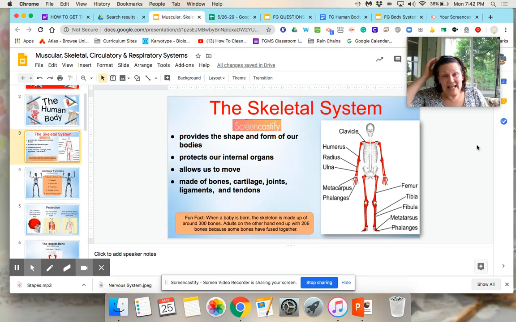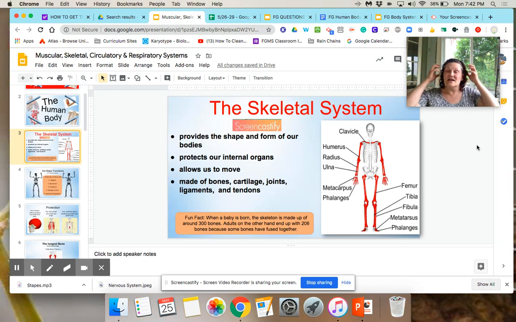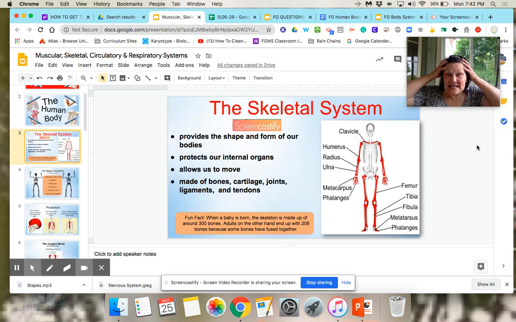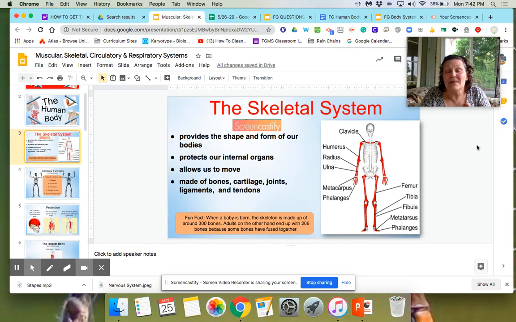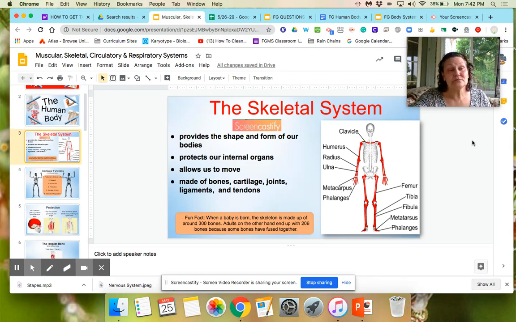If you look really closely, sometimes you can see the baby's heart beating at the top of its head, because the bones in its head haven't fused together yet. It makes it easier when the mom is giving birth if the baby's head isn't one big solid mass. If it can be a little bit pliable when it's moving down the birth canal, it makes it easier for everybody. So 300 when you're born, about 206 when you're an adult.